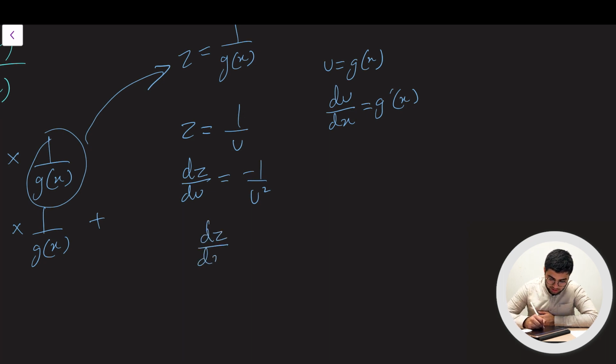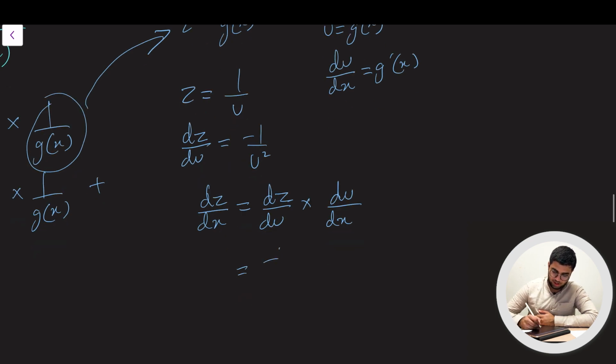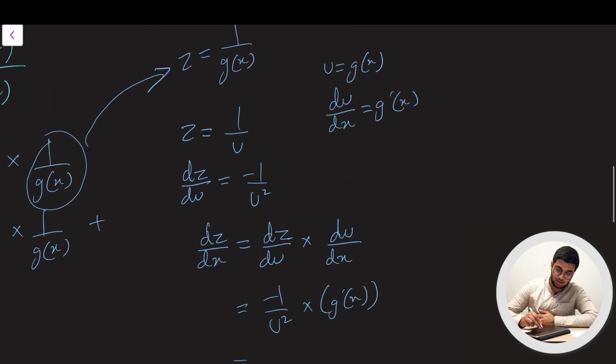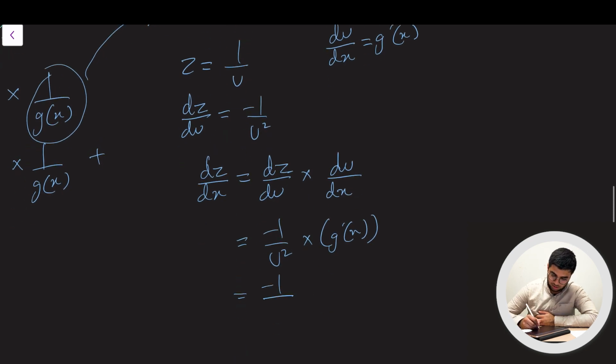And now we do our t and we put them together. So the derivative of z with respect to x is dz on du times du on dx. When we write that down, we get that times g dash of x. And we know u is g of x, so we substitute that back in, and we get g of x whole squared times g dash of x.